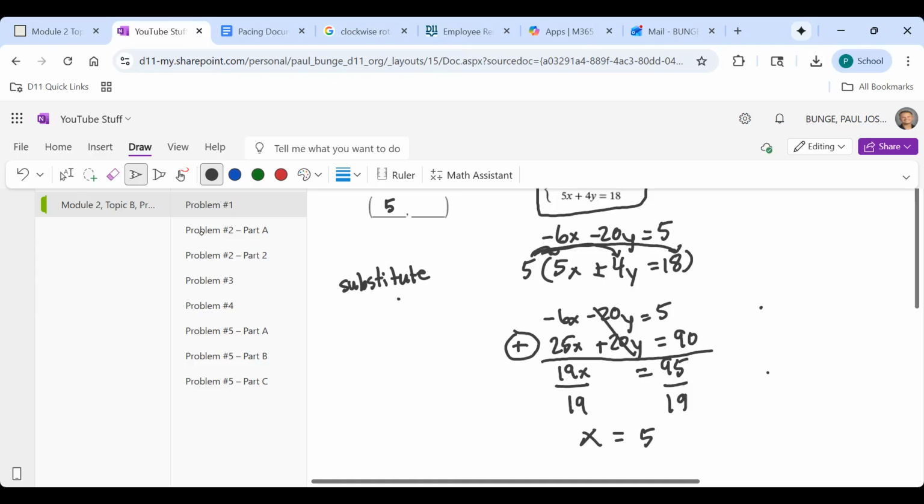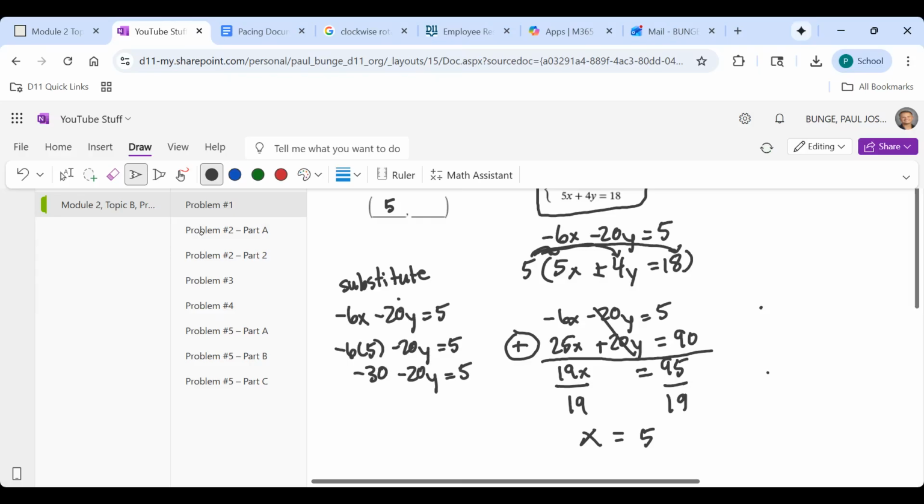So I'm going to substitute negative 6x minus 20y equals 5. So where x is, I got to put 5. So negative 6 times 5 minus 20y equals 5. This gives me a negative 30 minus 20y equals 5.